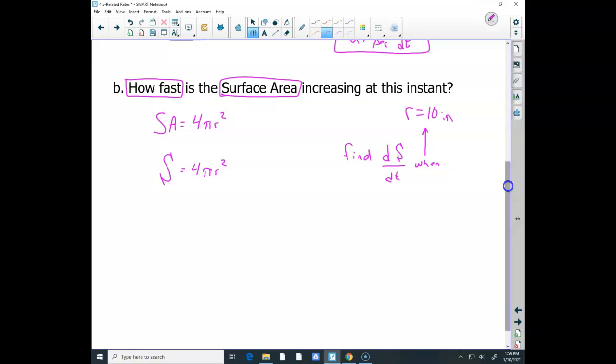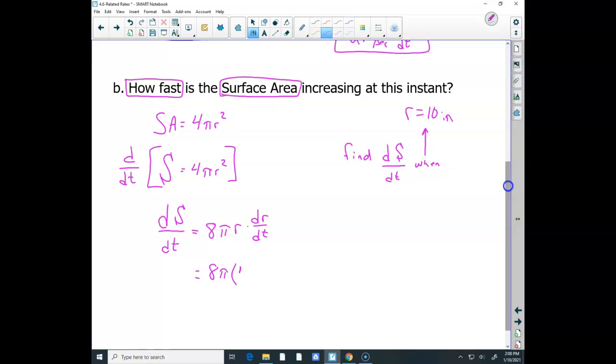If I took the derivative of this with respect to time, I get d(fancy S)/dt equals 8 pi r dr/dt. Well, the only way to find the change in surface area, that gives me 8 pi.